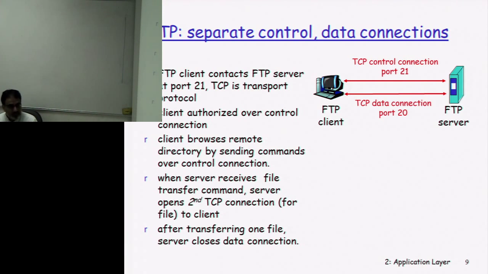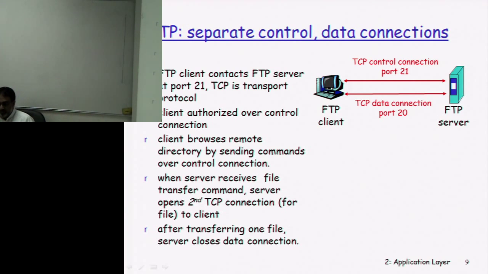Clear? And on port 20, TCP will have another connection for the transfer of the data between the FTP client and server. Okay, so client data is kept separate from the control messages.